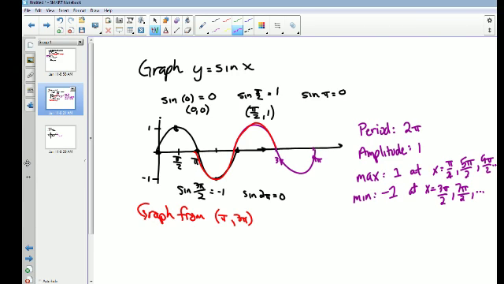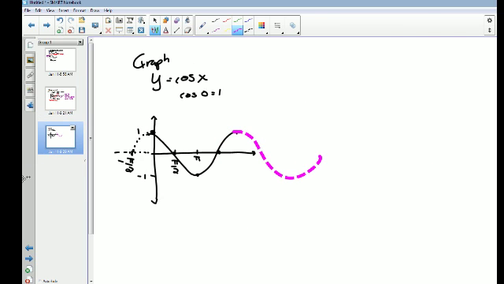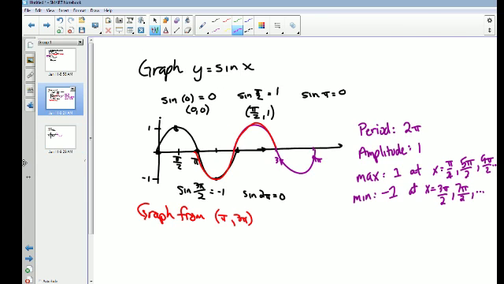Sine of pi is 0. Cosine of pi is -1. So what's sine of pi? So we're back to ground zero.